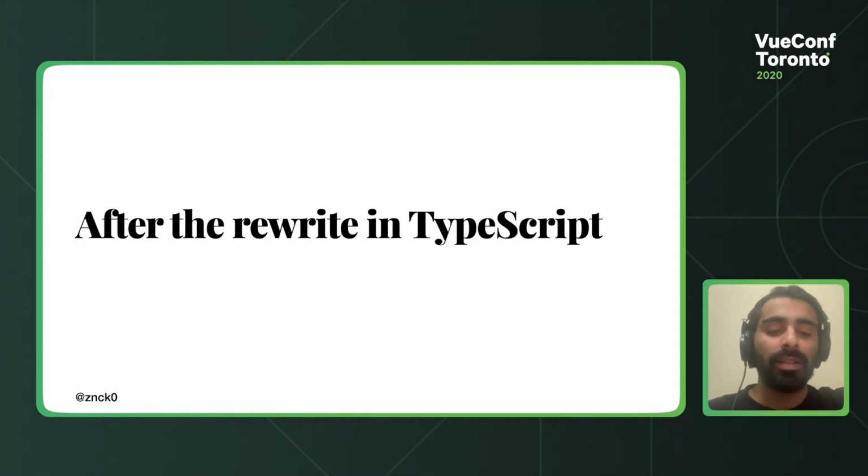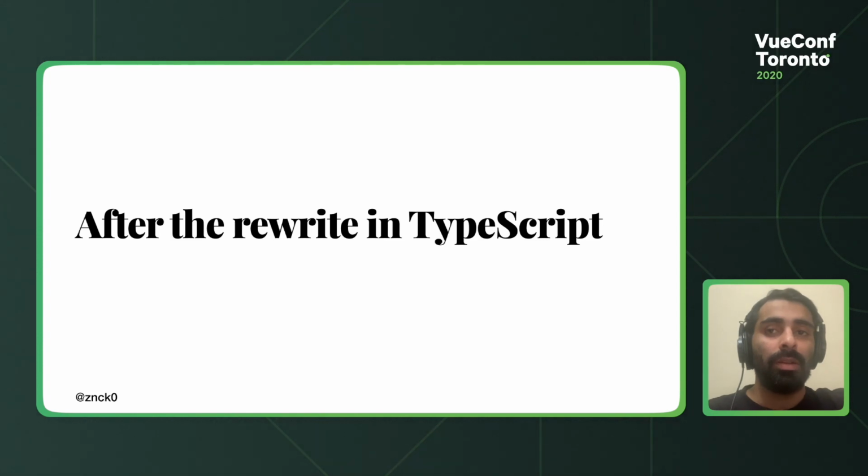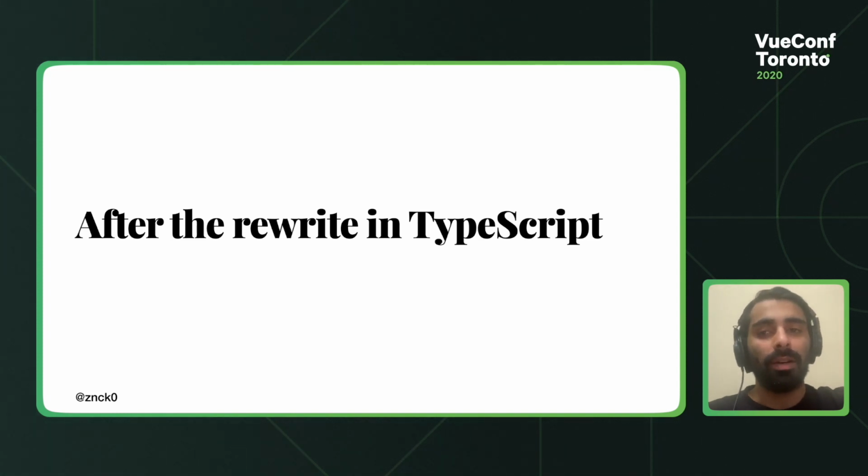Like maintenance burden has reduced a lot. It's easy to navigate through Vue's source code, and we don't have to maintain TypeScript types now because they are automatically generated from the source. And end users also get lots of benefit because all the IDEs use these type definitions provided by Vue to provide intelligence when you are working on Vue projects.